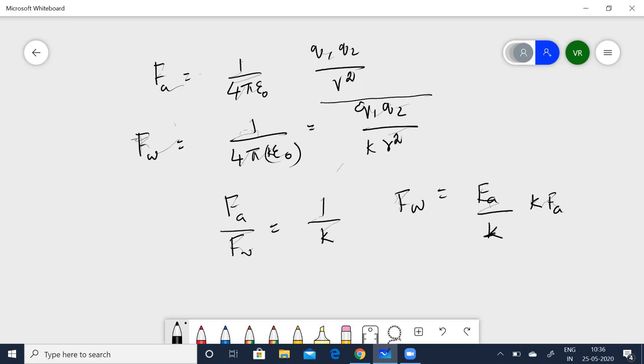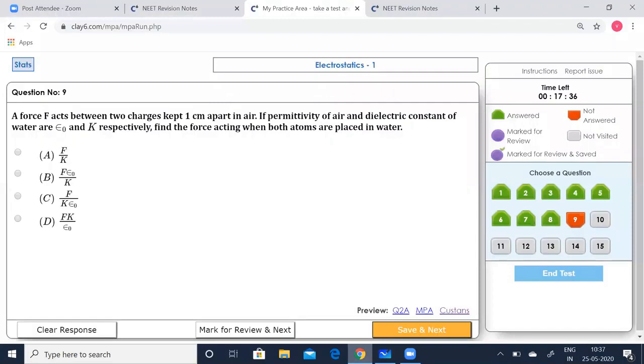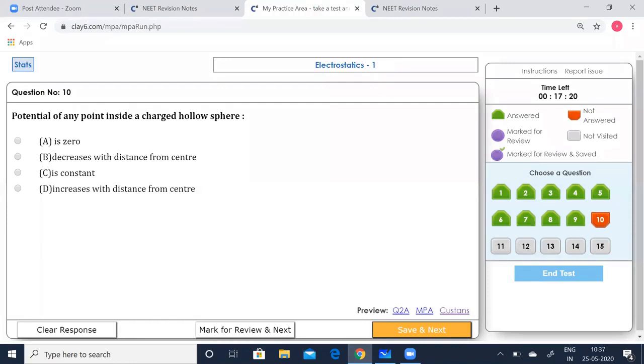I'm sorry children, this is going to be 1 by K. So FW is equal to FA by K. So option A, F by K. The original force is F, so we can take that F by K. Save that. Go to the next.